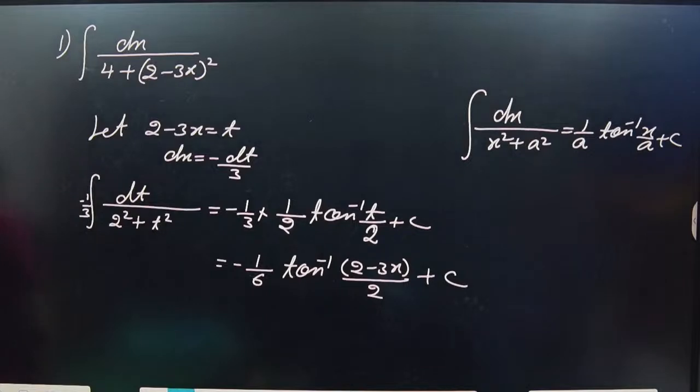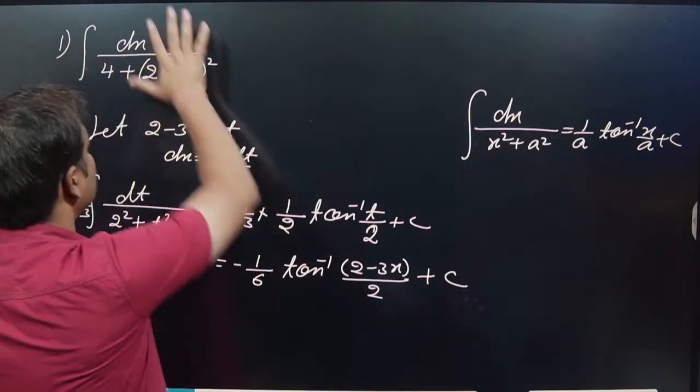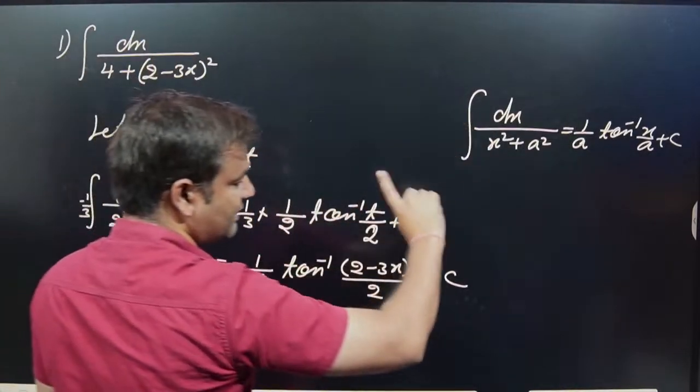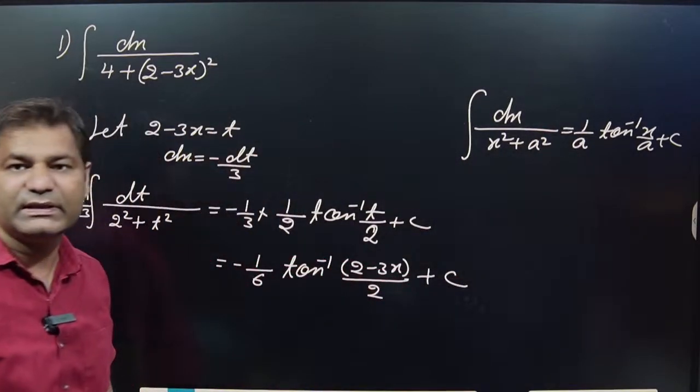Okay, now the next question. I hope so clear. Very simple. First of all, check that this question is similar to that one. If this one is made like that one, then simply apply 1 by a into tan inverse x by a.